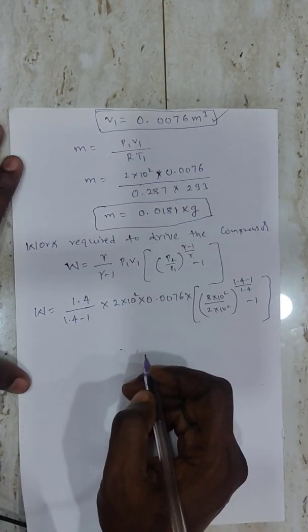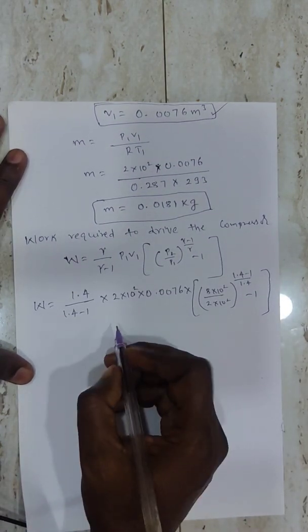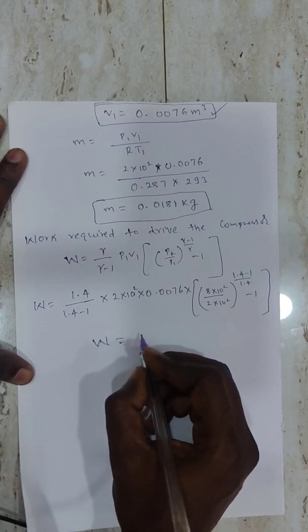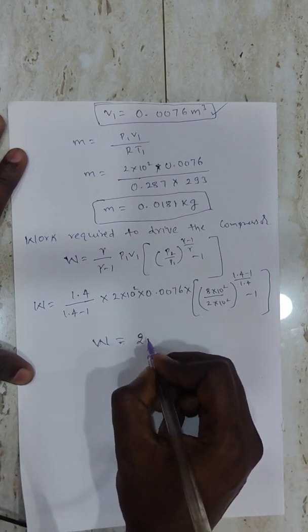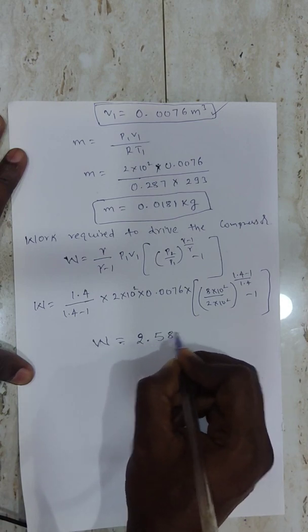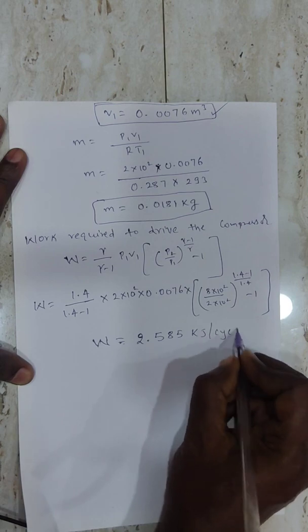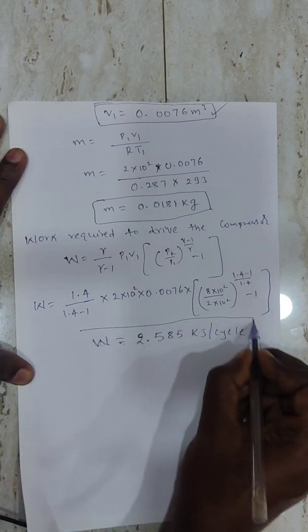If we solve this equation, we will get W is equal to 2.585 kilojoule per cycle.